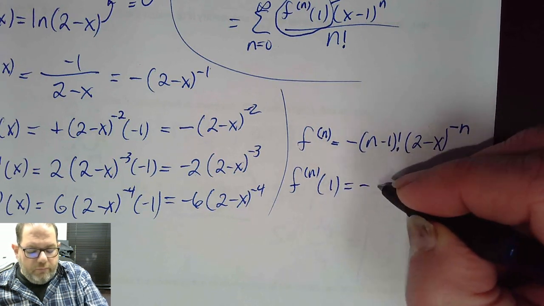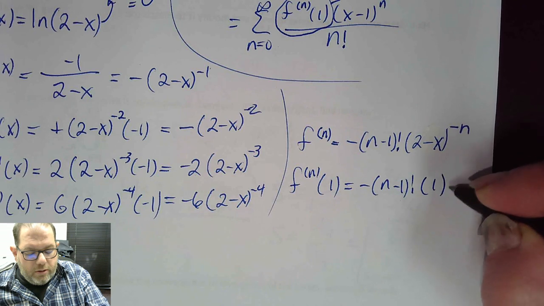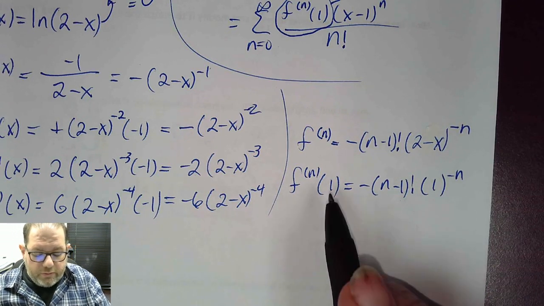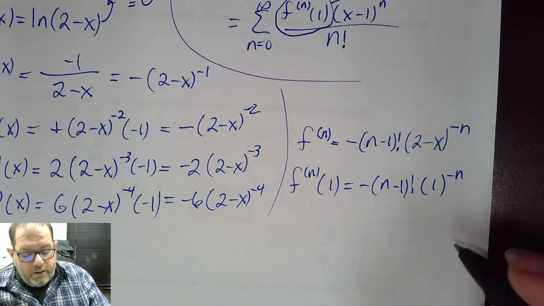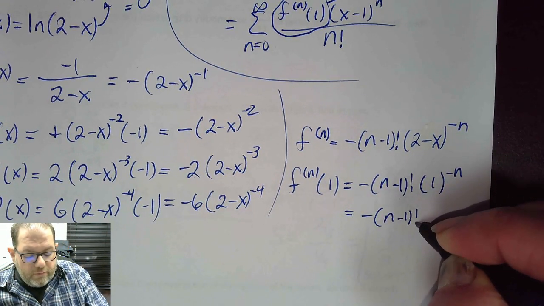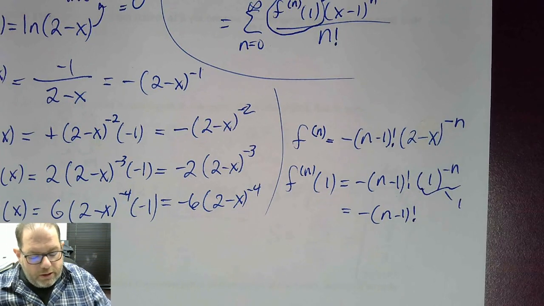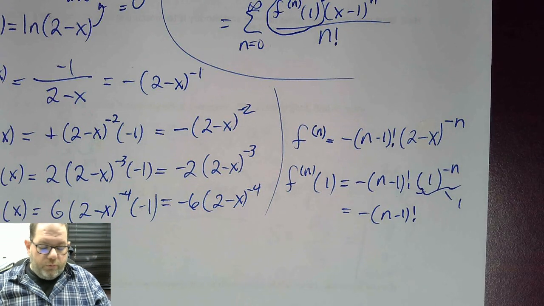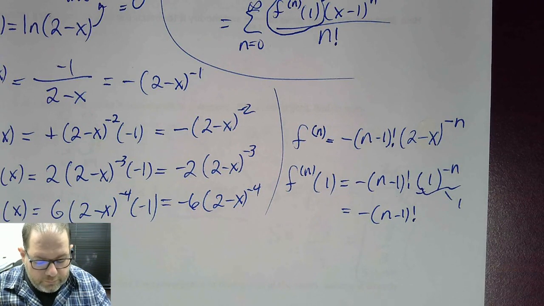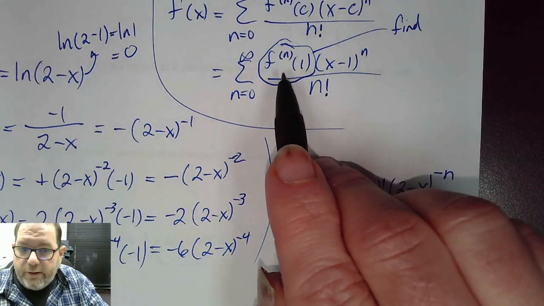And now, if we plug in x equals 1, our center, into this nth derivative, then we're going to get negative n minus 1 factorial. 1 to any power is just going to be 1. So this expression now we can come back in here and resubstitute.